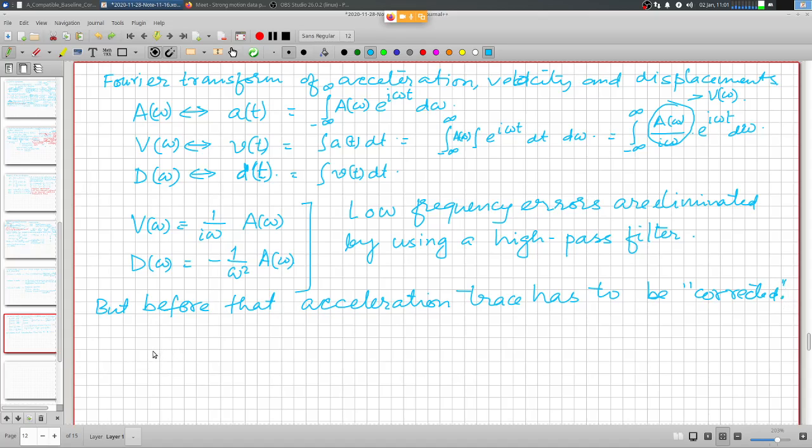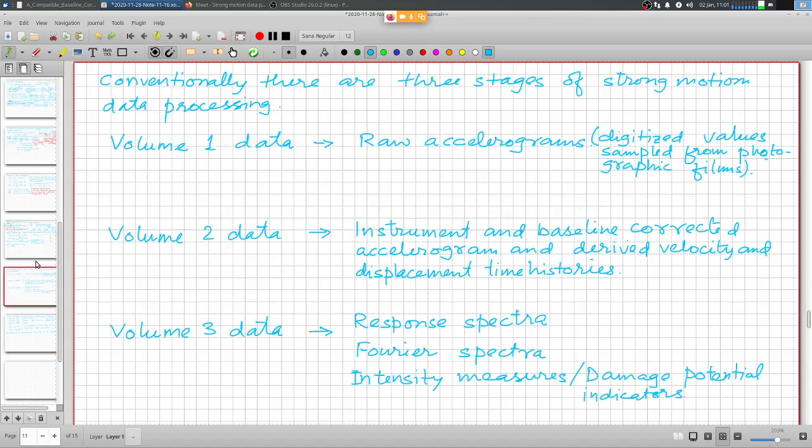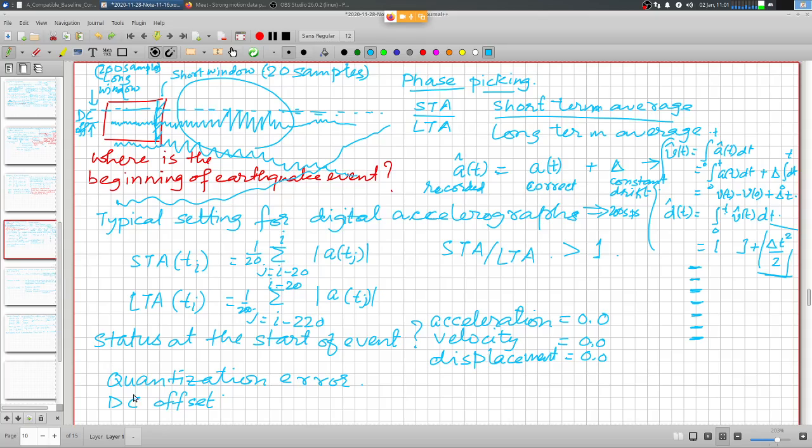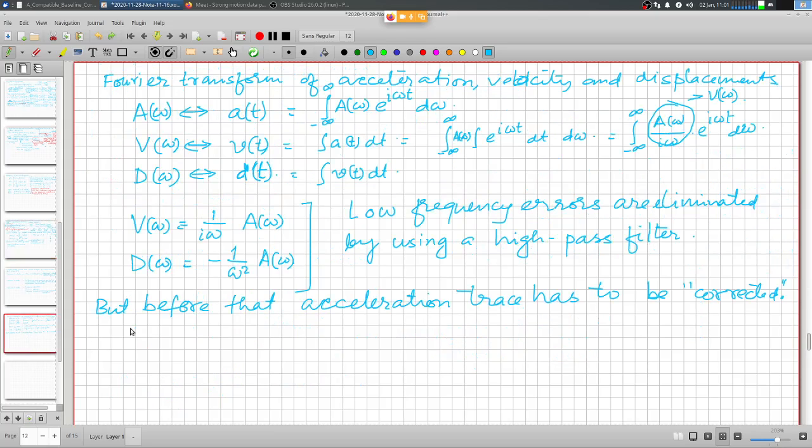All these errors that I mentioned here, quantization error, DC offset error, systematic error because of misalignment and so on, are eliminated by two steps. First, detrend the acceleration trace.